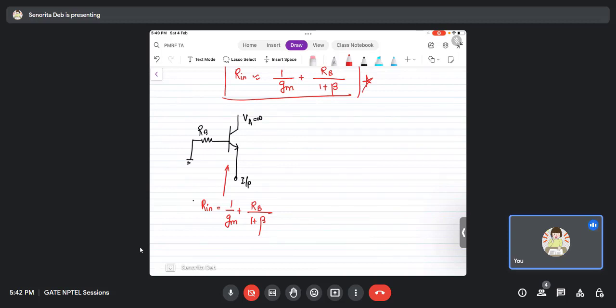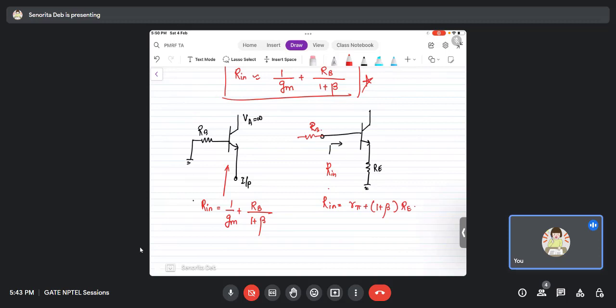But in the common emitter case, the Rin that you see is nothing but R pi plus 1 plus beta Re. And it doesn't matter if Rb is connected or not, Rb is here somewhere, right?